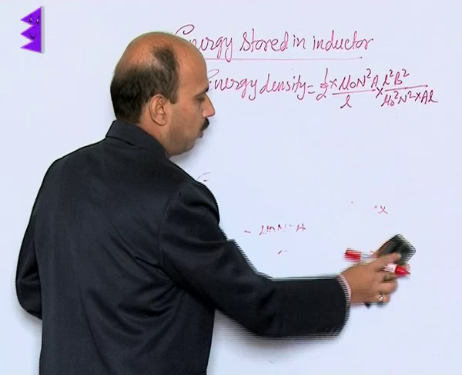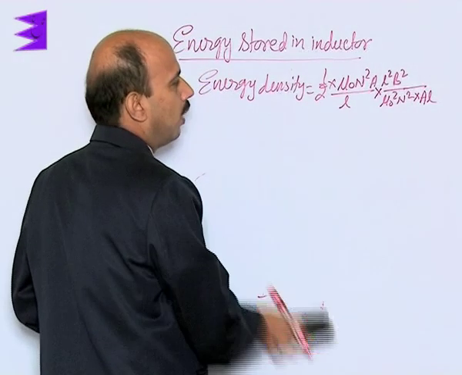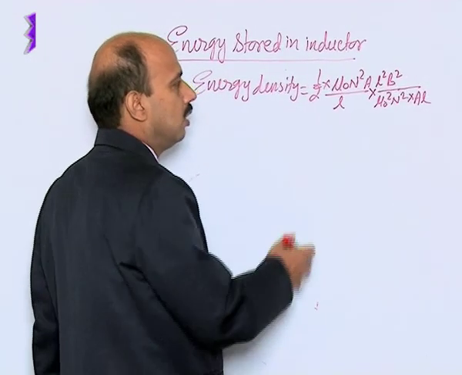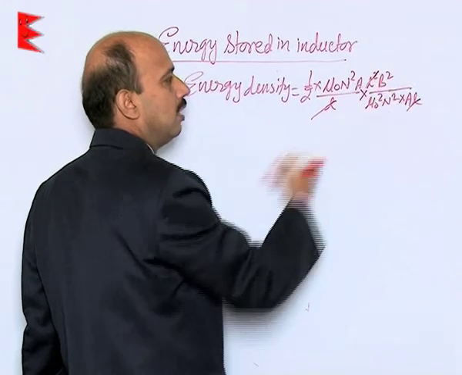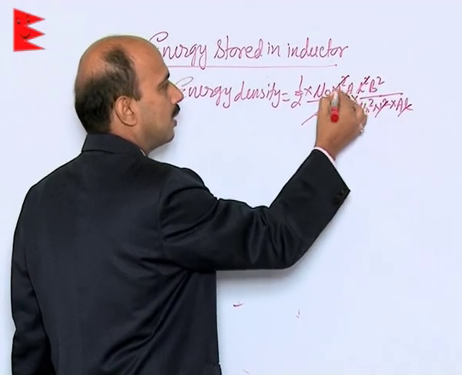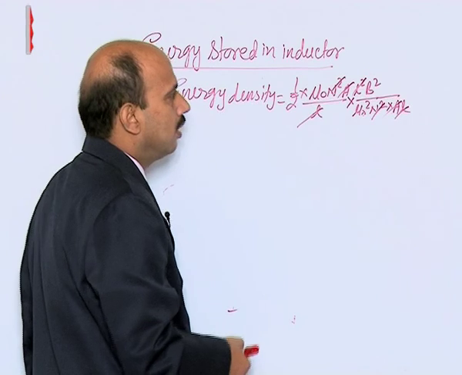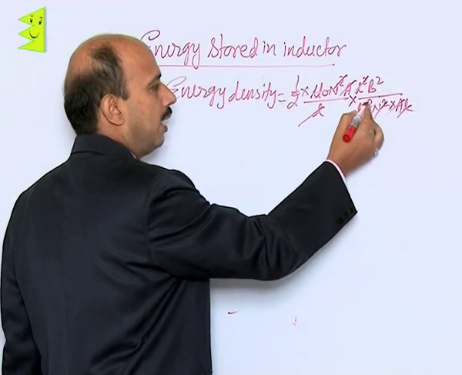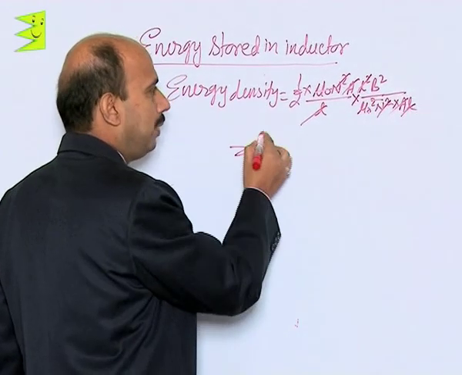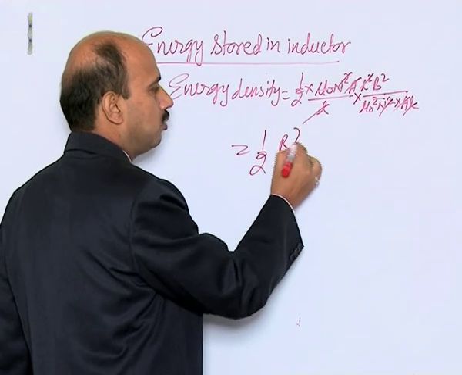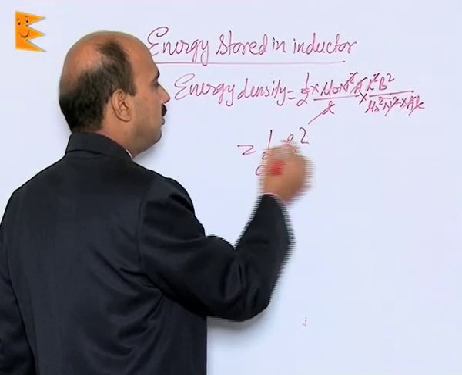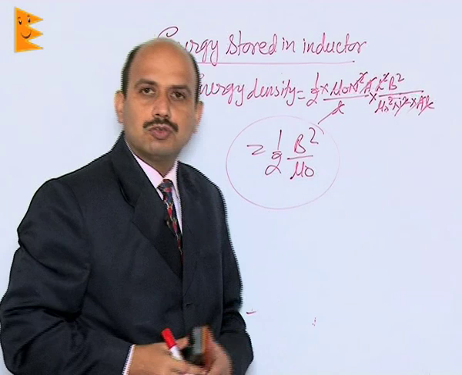Now, we can cancel what is getting cancelled here: l and l, n square, A and A, and mu naught with mu naught square. So, we will be getting half B square upon mu naught. This is the energy density of the solenoid.